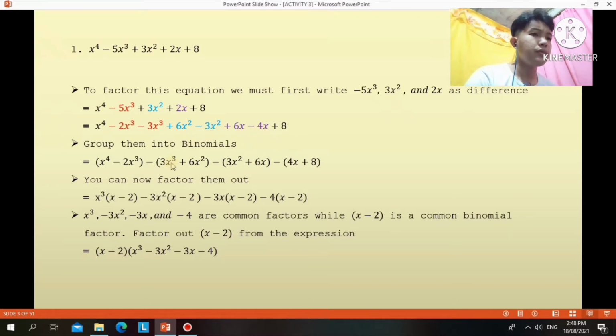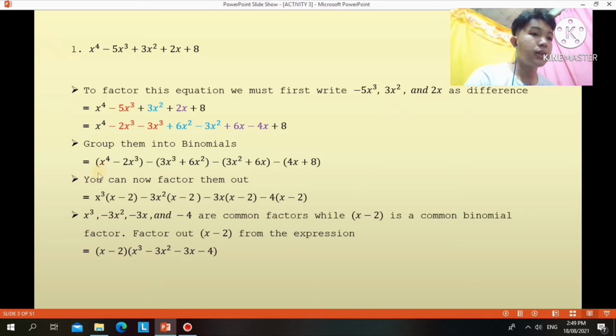Then group them into binomials so that you can factor it easily. So it will become x raised to 4 minus 2x cubed, minus 3x cubed plus 6x squared, minus 3x squared plus 6x, minus 4x plus 8. Now you can factor them out.